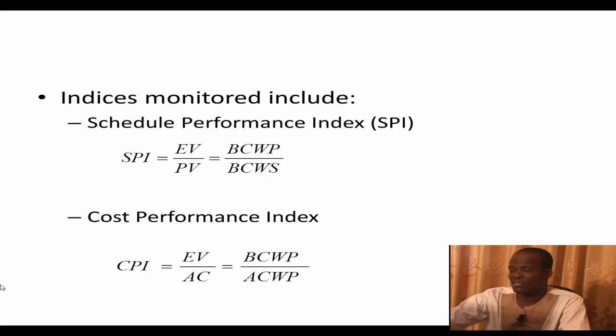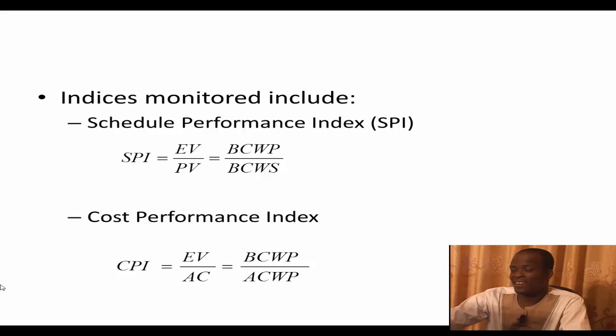There are also indices that we can use to monitor the health of the project. It's similar to the variance, but these are ratios. So we have what is called the SPI, or the Schedule Performance Index, and it's given by EV divided by PV, which is the same as BCWP divided by BCWS.